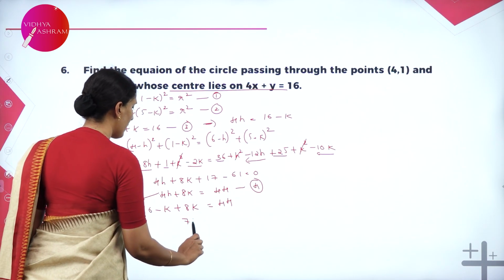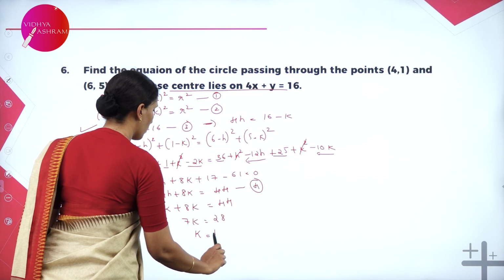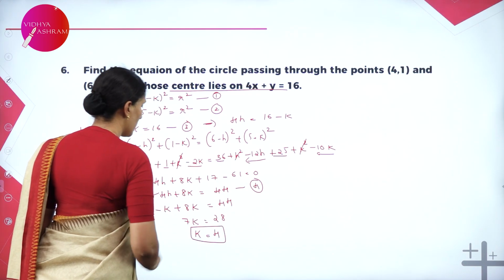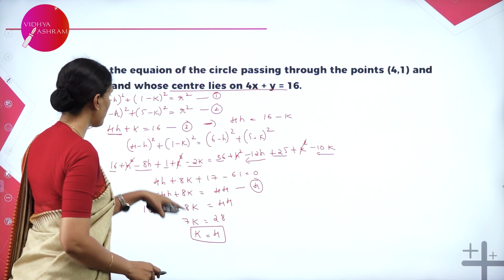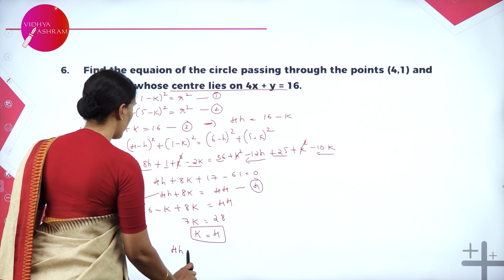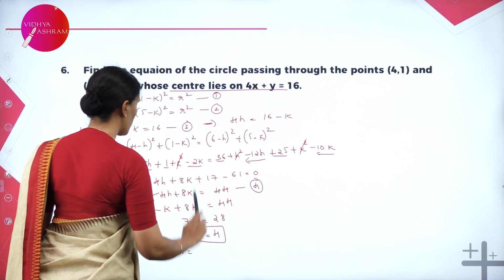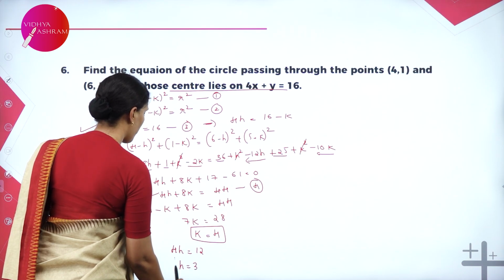So we will get 7k is equal to 28 or k is equal to 4. So here using the simultaneous linear equation method, now when you substitute k is equal to 4 here, we are left with 4h is equal to 16 minus 4, which is 12. So that implies h is equal to 3.